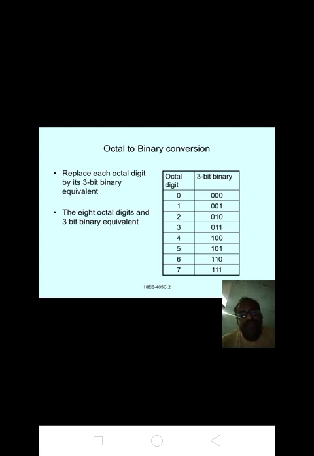For 1, we want the first two bits 0 and the last bit 1, so 1 equals 001. For 2, the place of value 2 is 1 and all the rest are 0, so 010. 3 is 011, 4 is 100, 5 is 101, 6 is 110, 7 is 111.